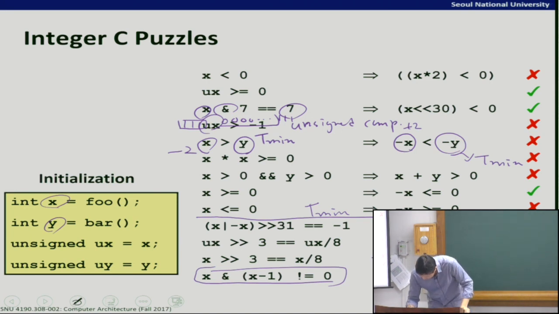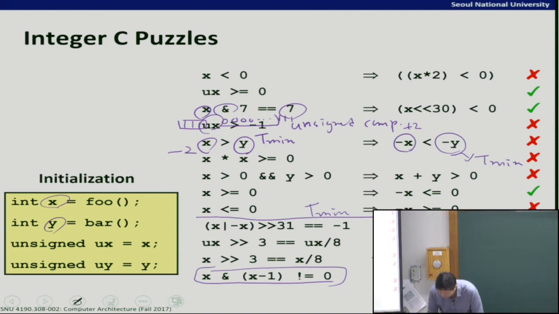So in this case, tmin minus 1 will be 0 1 1 1 1 1 1 1 1, like tmax. So if you take the bitwise AND of the two, then it will become 0, right? You can also find that for any other value, this statement is true. Only for tmin, this one doesn't hold.